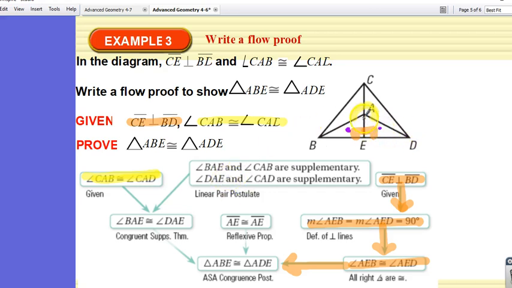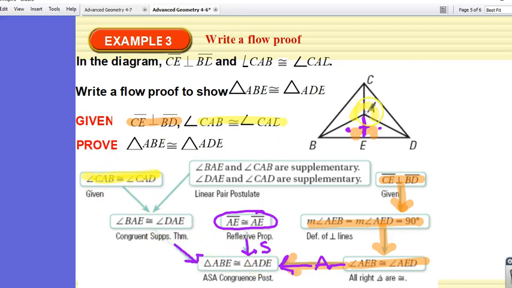So what do we know? Well, I know that this right here is reflexive, right? AE is congruent to AE, reflexive. So that's a side. This was an angle, right? We need one more piece of information.